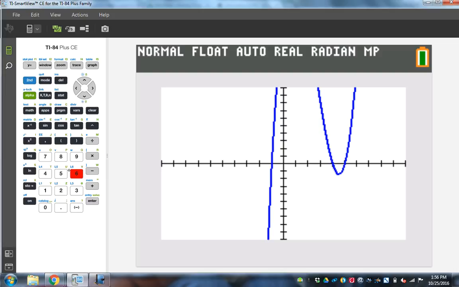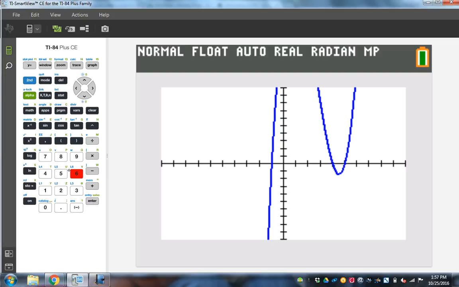Mine's just a straight line on the other side of it. Hit zoom 6, and now you can see. Hit zoom 6 and see if that fixes it.